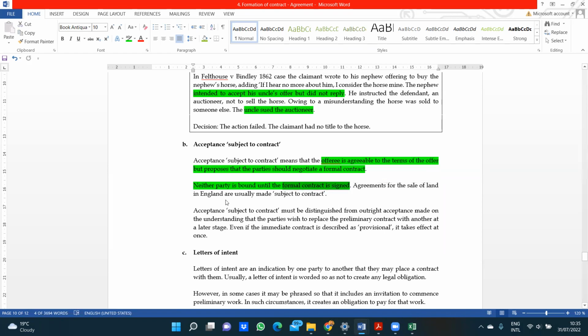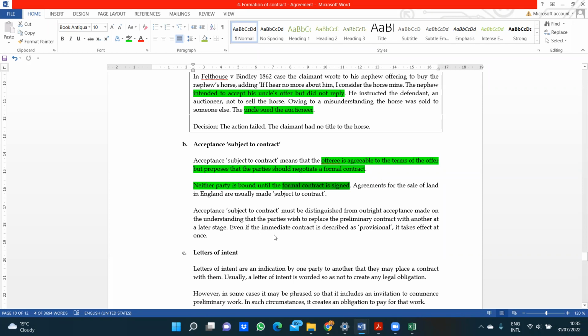Agreement for sale of land in England is usually subject to contract. Of course, this needs to be evidenced in writing. Acceptance subject to contract must be distinguished from outright acceptance made on the understanding that the parties wish to replace the primary contract with another at a certain stage.